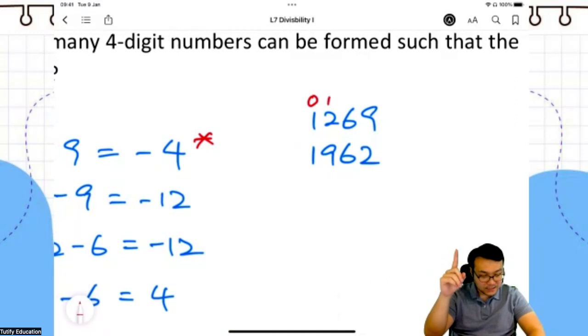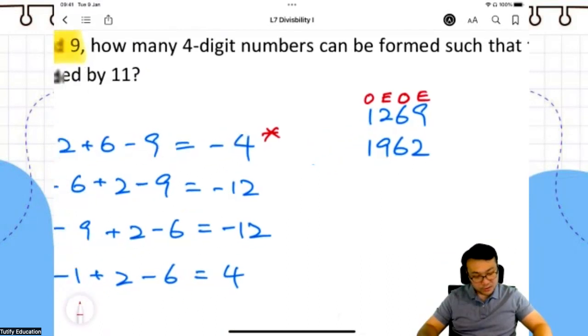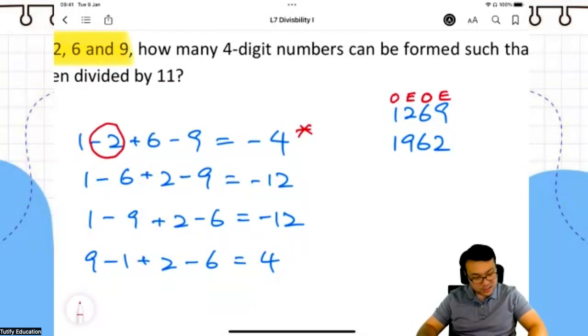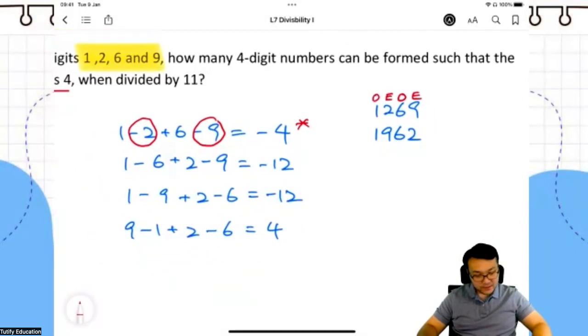Digit number 2 is an even digit. Digit number 3 is an odd digit. Digit number 4 is an even digit. Do you notice that the even digits are all negative? Kaden?